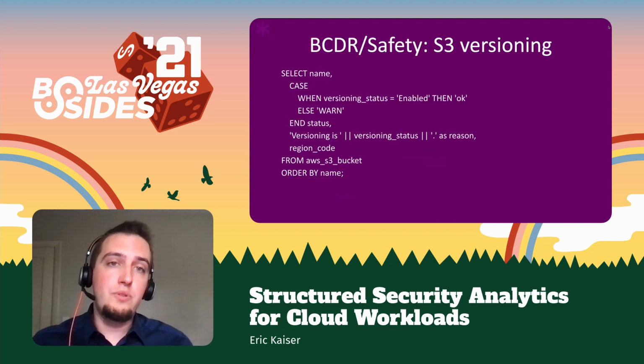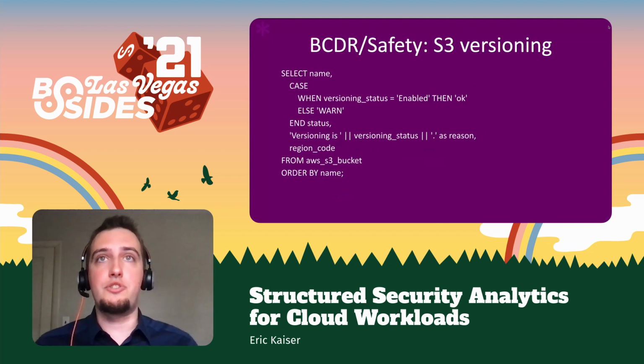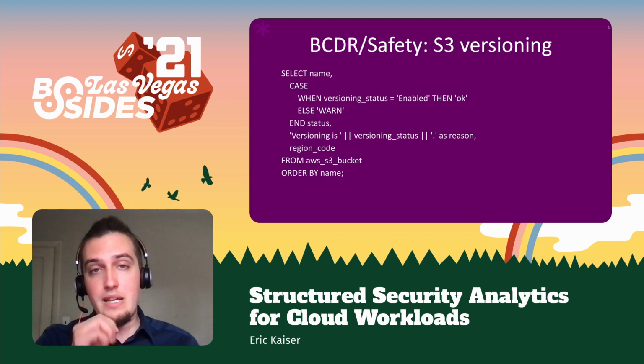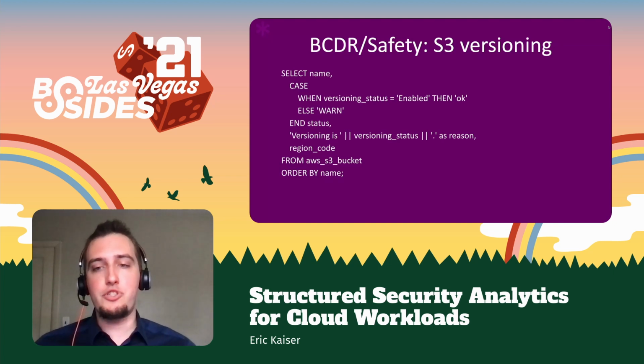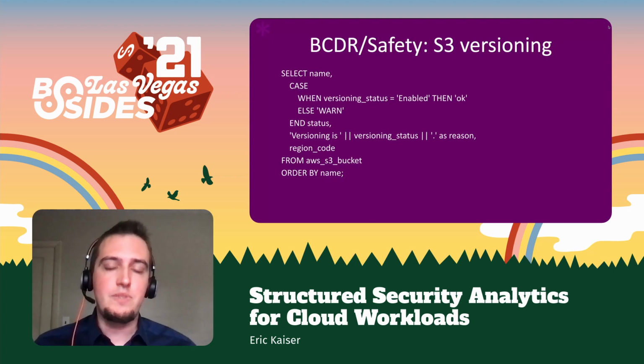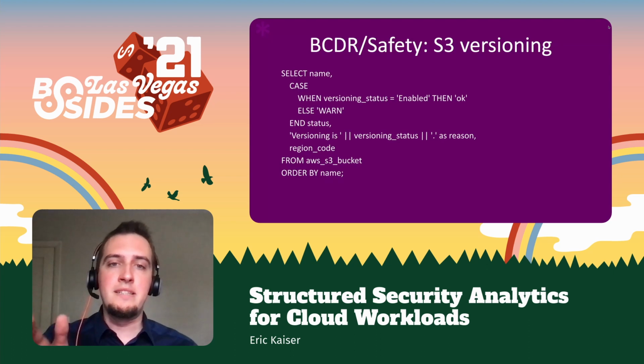There's more to S3 tables than just CIS benchmark compliance, or even benchmark compliance period: BCDR, or safety. Let's make sure that S3 versioning is turned on in case an accidental or malicious employee nukes files in the bucket. Not only are the files there, but there is a history of those files, to say nothing of change control.